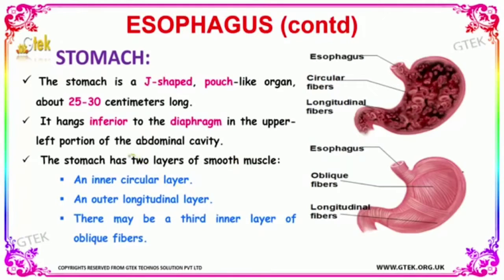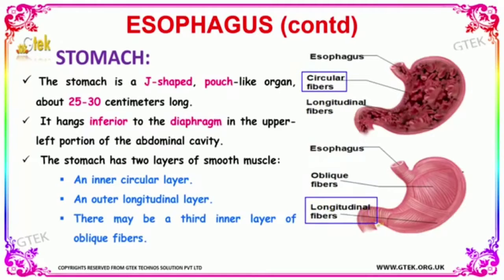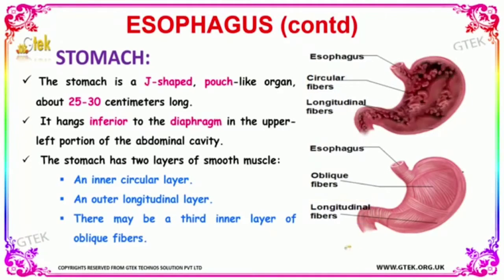The stomach has two layers of smooth muscle: the inner circular layer formed of circular fibers, and the outer longitudinal layer formed of longitudinal fibers. There may be a third layer made up of oblique fibers. So these are the various layers of the stomach.